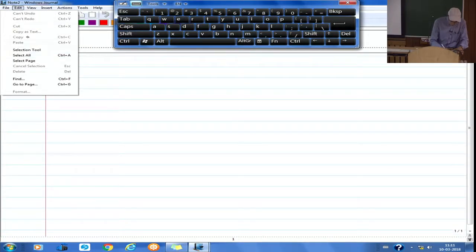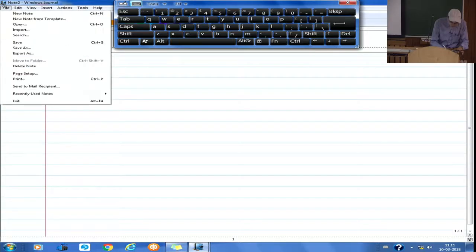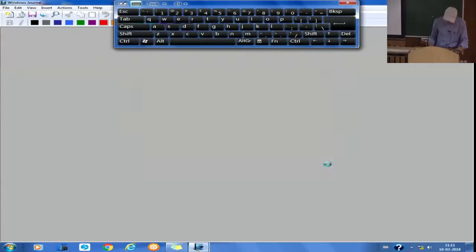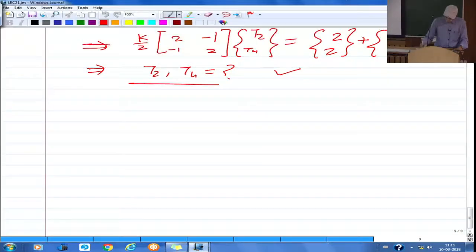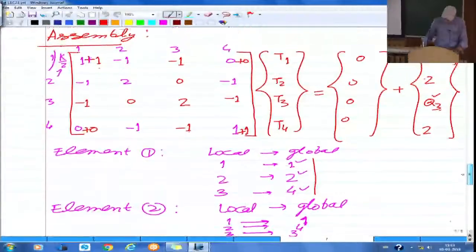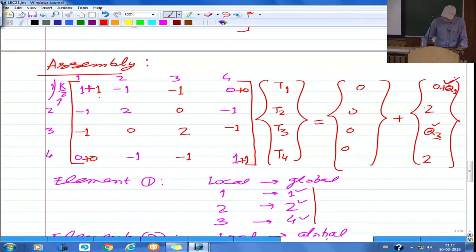And I'll again explain it there because I don't want to write it. So finally what I had said was that in the assembled system, we had added one term here. If you recall, you can see your notes, one term this, one term here.